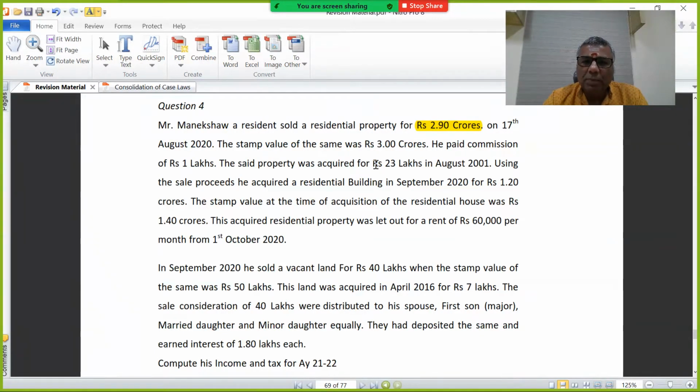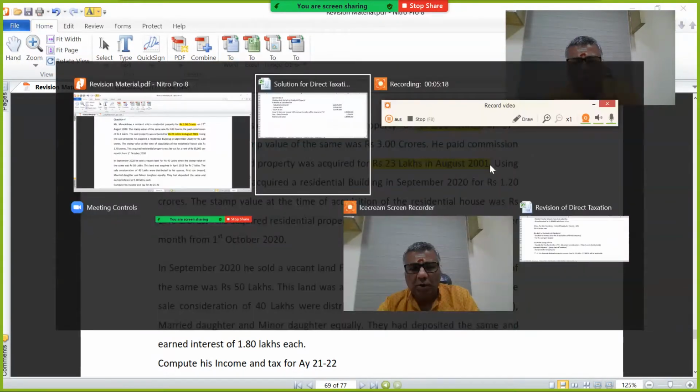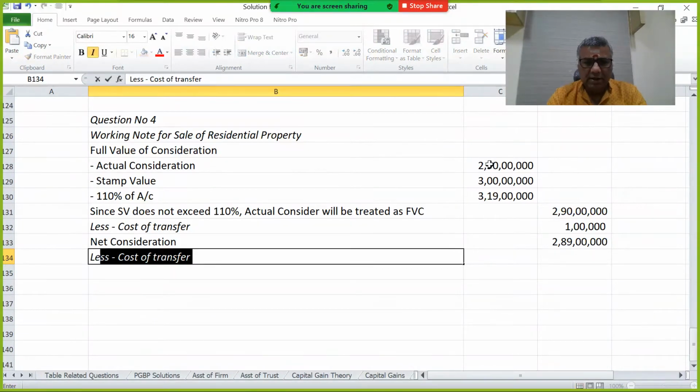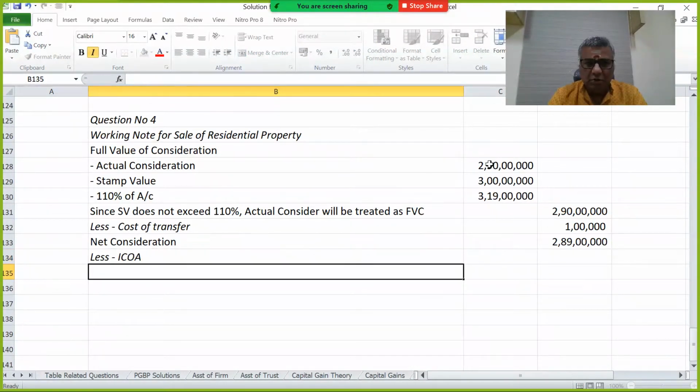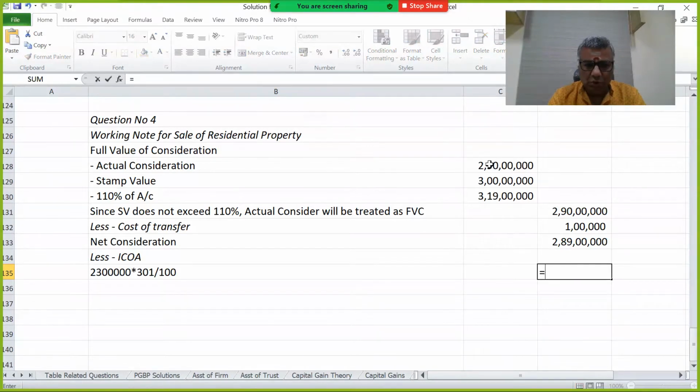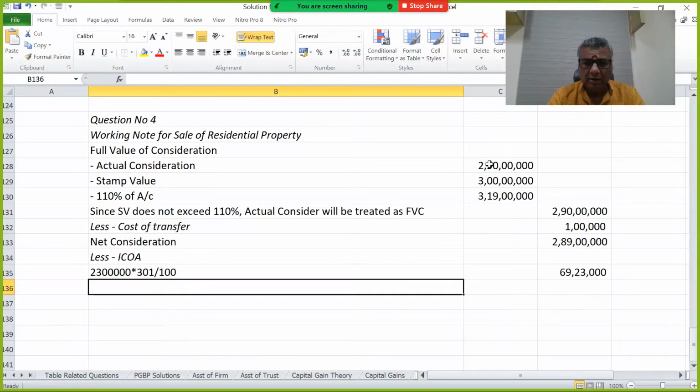The said property was acquired in 2001 for 23 lakhs. Less ICOA: 23 lakhs into 301 by 100, since 2001 is the base year.